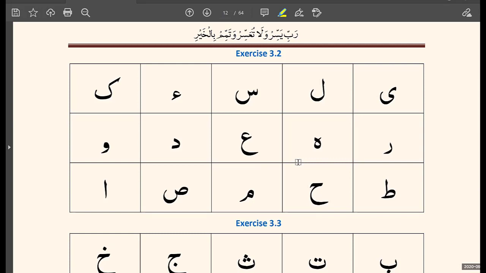Because there are 29 chapters where letters are pronounced separately, like Surah Al-Baqarah, Surah Taha, Surah Maryam. In these 29 chapters each letter is pronounced separately with full prolongation.